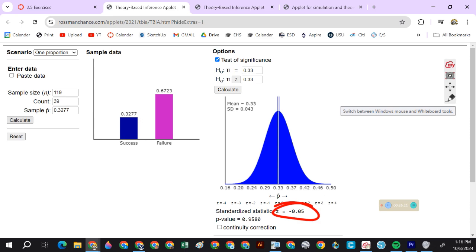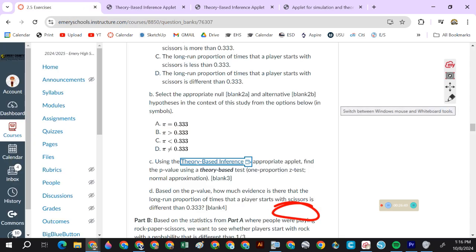My standardized statistic is negative 0.05. How likely are we to be 0.05 units away from the mean? Very likely, and the p-value is 96%, which is a little bit bigger than 5%. So do we have evidence to suggest that rock happens something other than 33% of the time? No. We do not have evidence to reject the null.